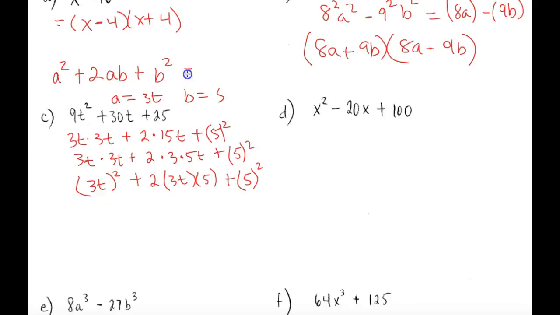And so since that fits that, we know that this is just going to be a plus b quantity squared. So all this just ends up being a, which is 3t, plus b here, which is 5 quantity squared.